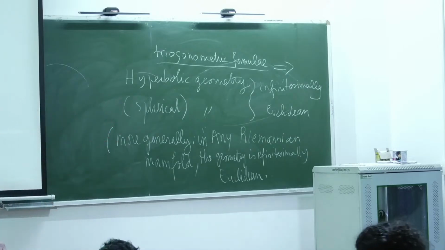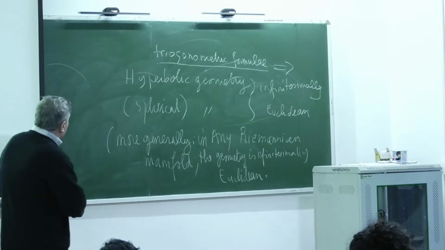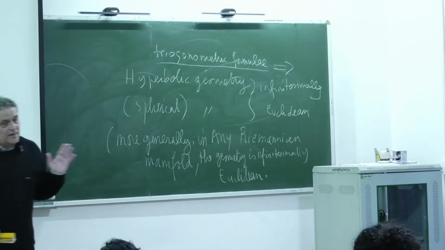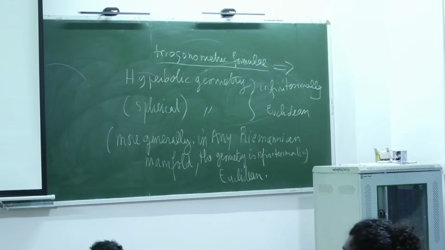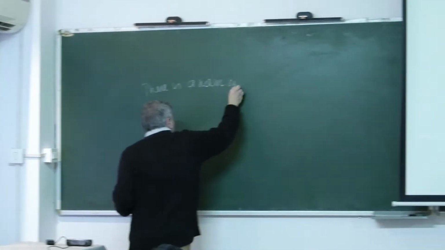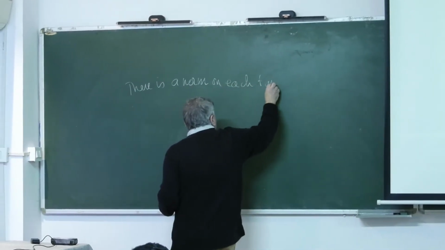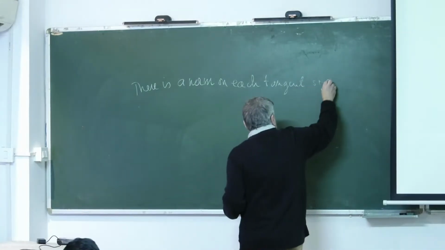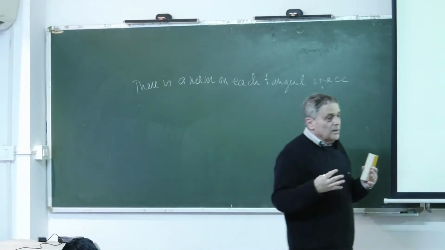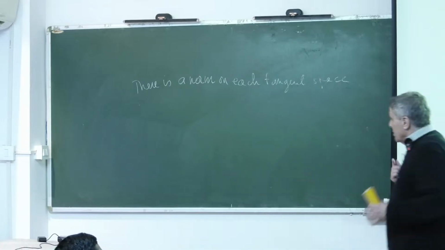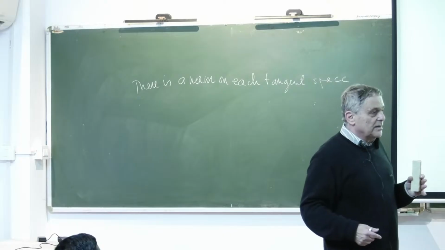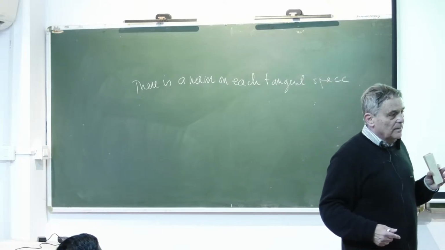In a Riemannian manifold, there's a norm on each tangent space, which is a Euclidean norm. So locally it's Euclidean. The first metric, which I will explain, Thurston's metric, is not Riemannian, and this is one point I will make later.